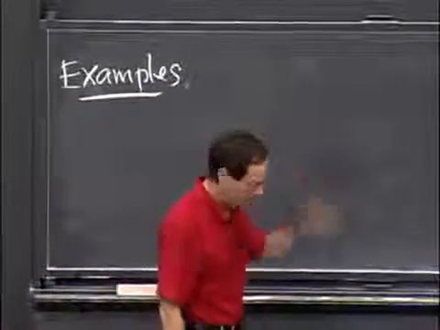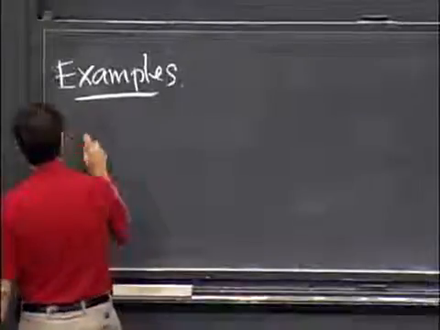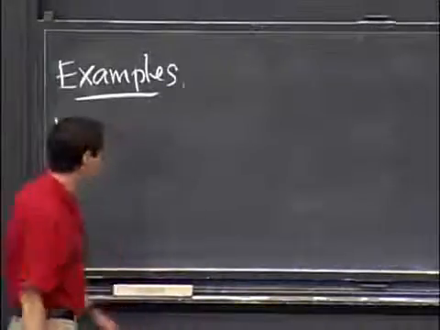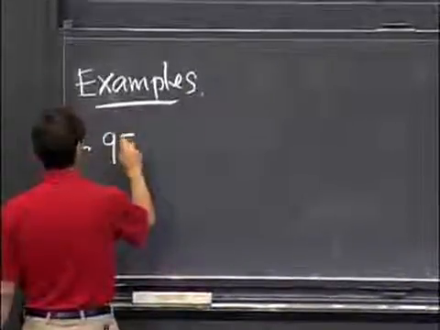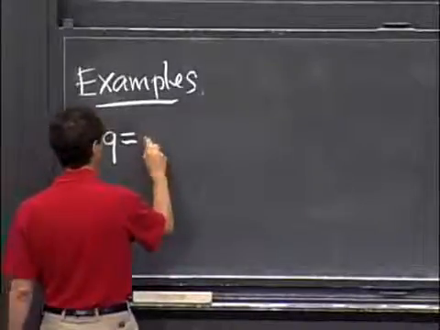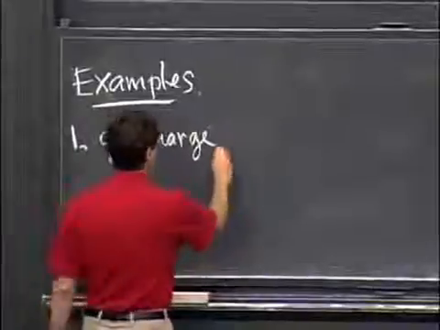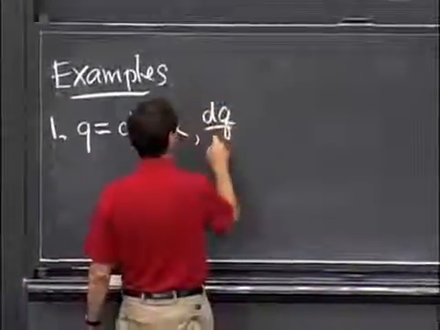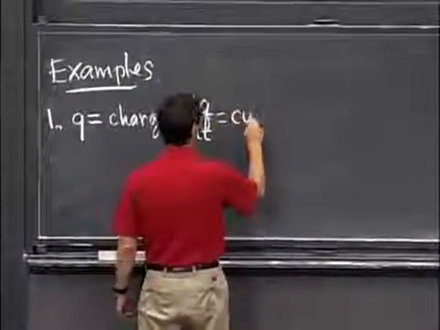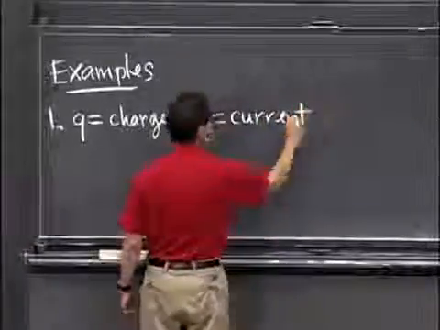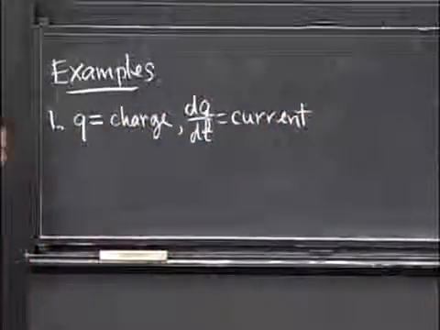So maybe some examples from physics here. Q is usually the name for a charge. And then dq dt is what's known as current. So that's one physical example.